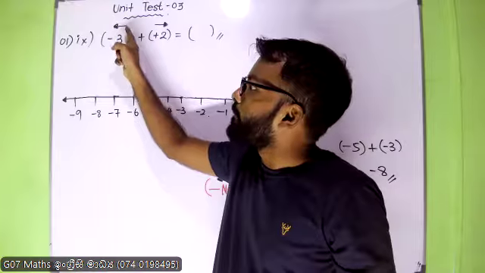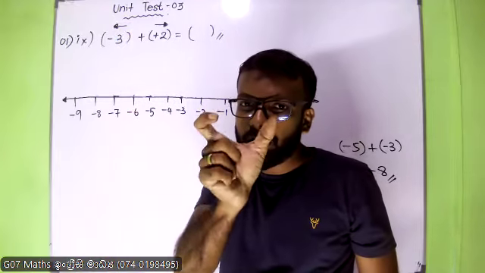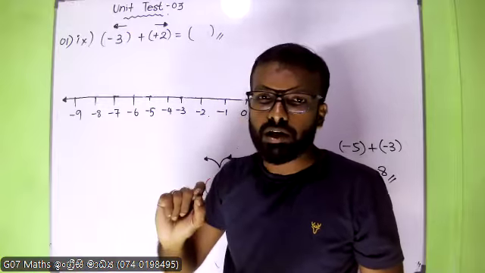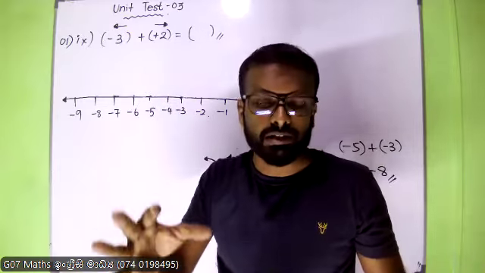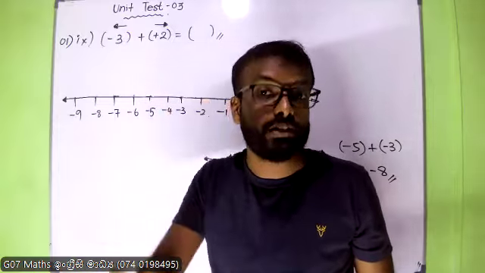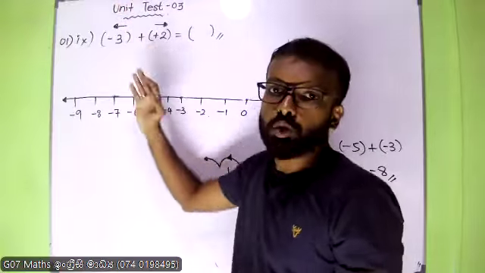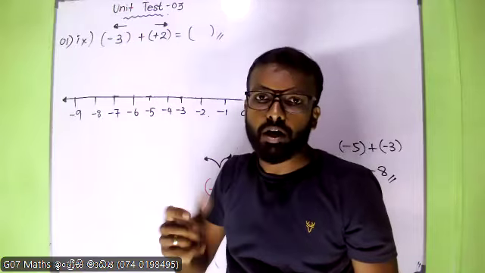Now, if you take a pencil, you can mark them very small, for your reference. Negative, I have to jump to left. Positive, I have to jump to right. Now, very easy.